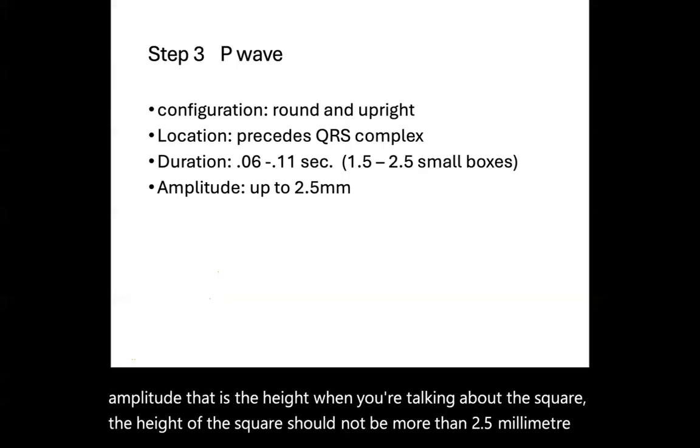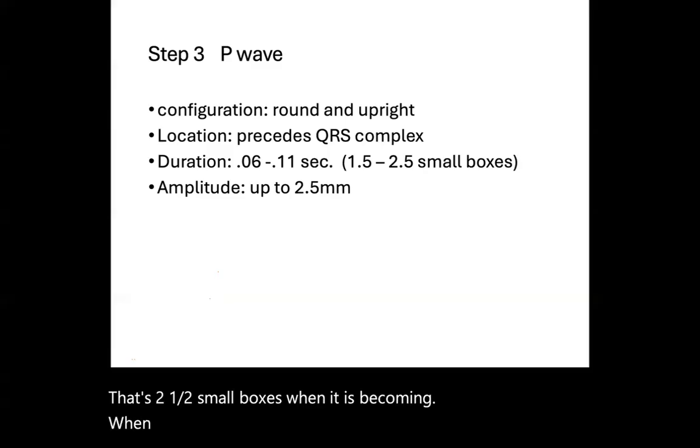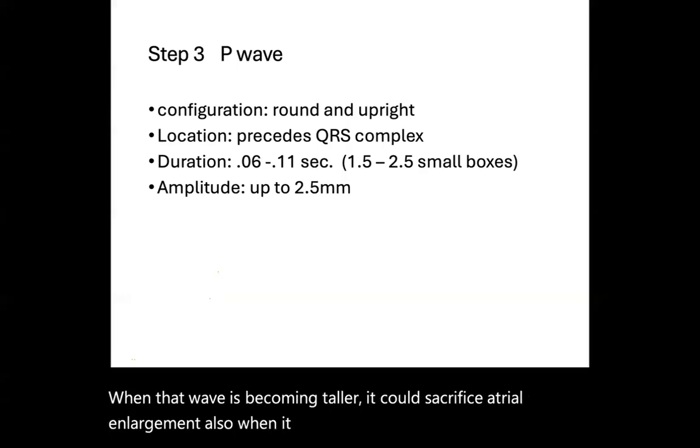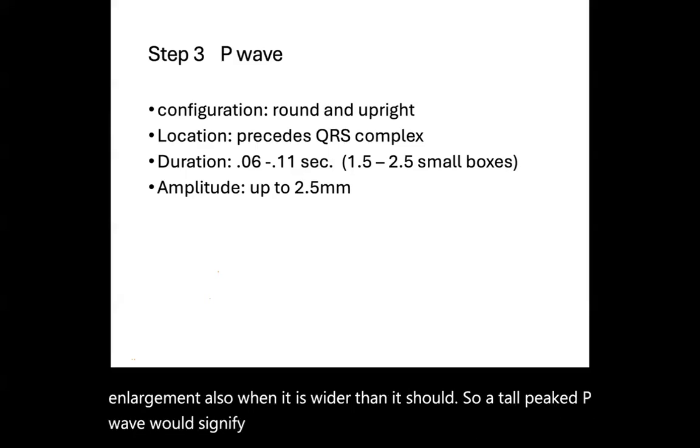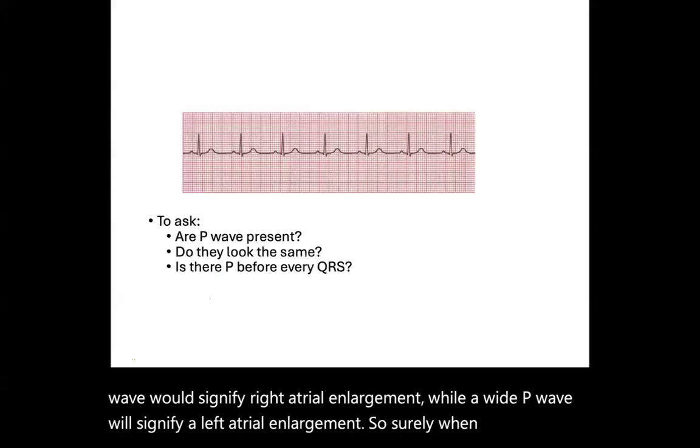That's 2.5 small boxes. When it is becoming taller, it could signify atrial enlargement. Also, when it is wider than it should be, a tall peaked P wave would signify right atrial enlargement, while a wide P wave will signify a left atrial enlargement, especially when it's wide and notched.